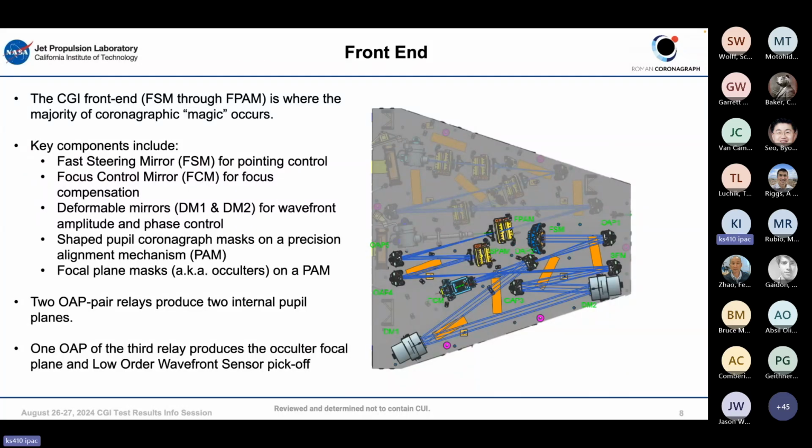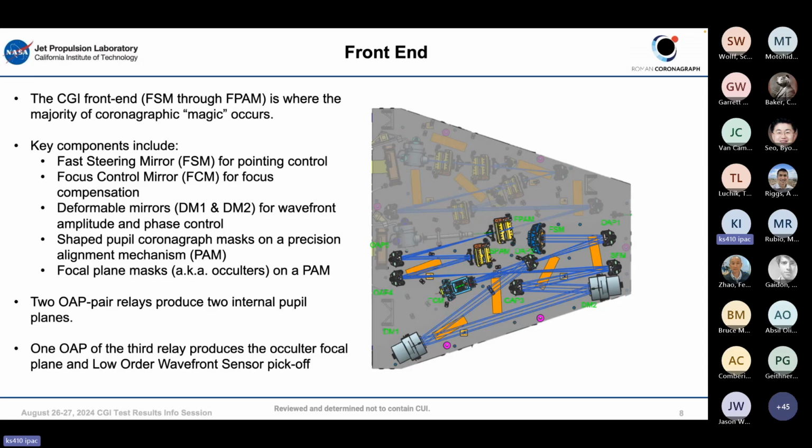So the front end of the instrument is where most of the magic of coronagraphy happens. It consists of two OAP pair relays, actually 2.5, so two full relays and then another OAP to produce the focal plane.